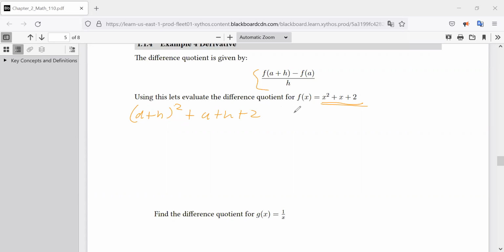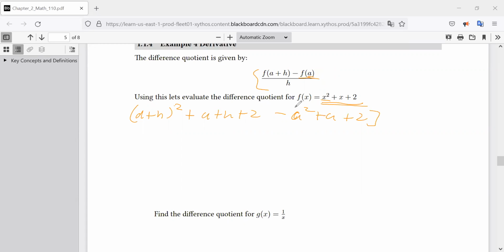Yeah, nice. And then we subtract f of a. So what's f of a? We don't have an h anymore, right? We're just doing f of a. So everywhere we see an x, we replace it with an a. Okay, so a squared plus a plus 2.